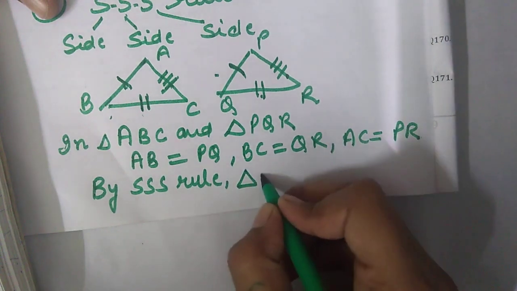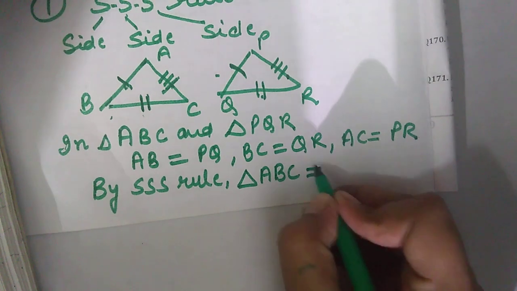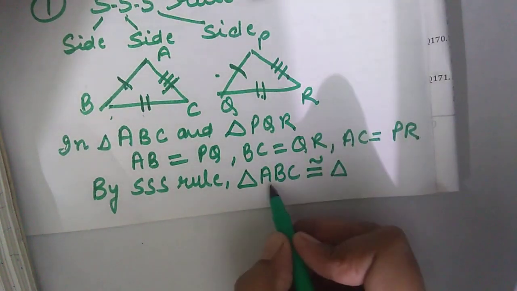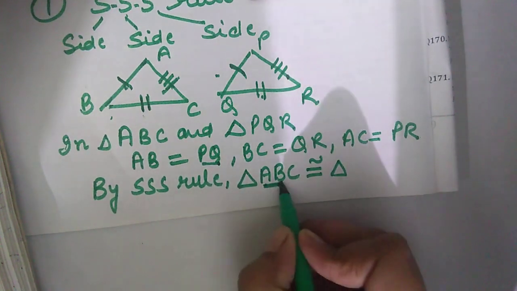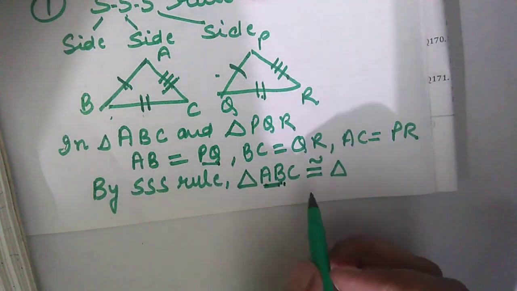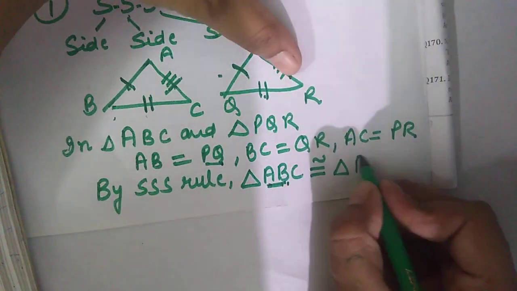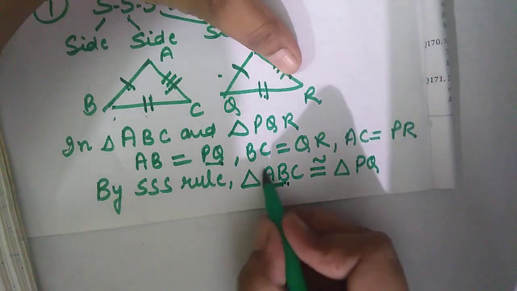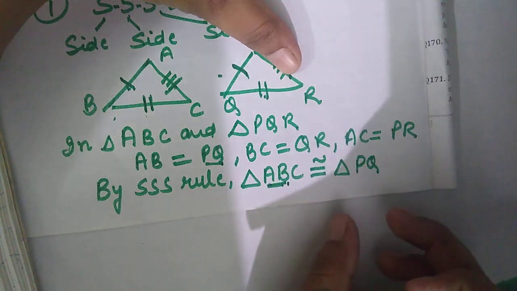First write any one of the triangles, ABC, then apply the sign is congruent to triangle. Now consider AB is equal to PQ. So in place of AB, always write the corresponding side, that is PQ, or QP. You have to write the corresponding side in the same position.